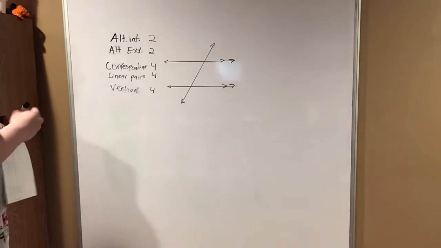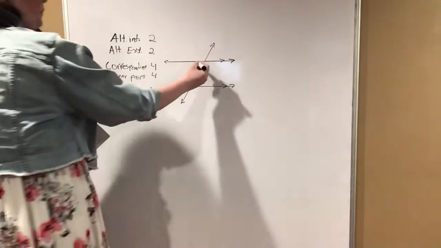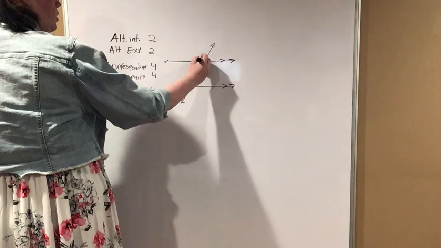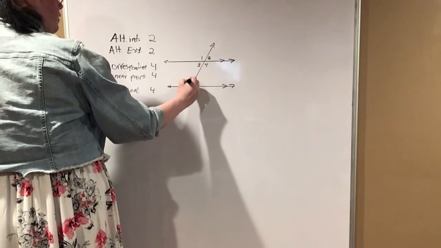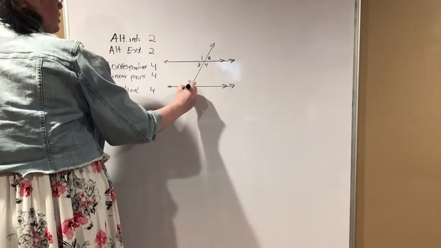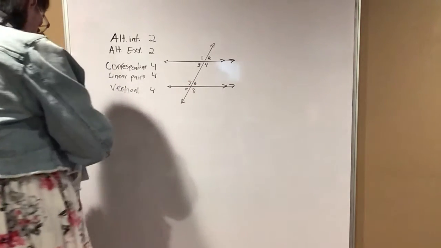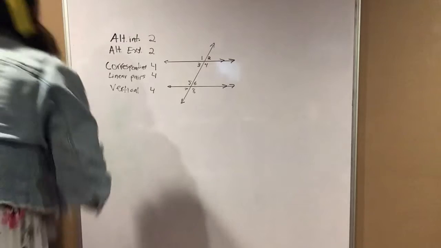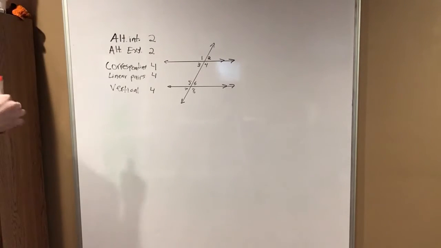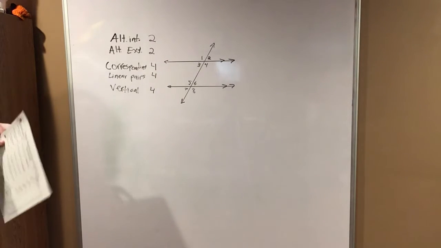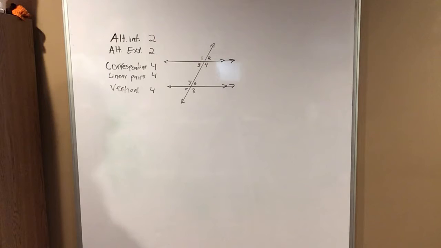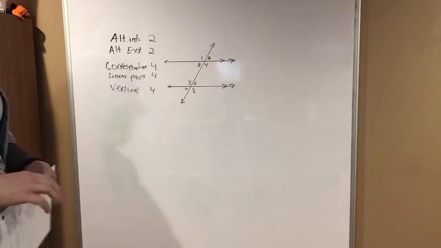So now let's find them. I'm going to label my angles here: 1, 2, 3, 4, 5, 6, 7, 8. So let's find, first of all, our 2 different alternate interior angles. Alternate interior means you're inside, and they have to alternate.